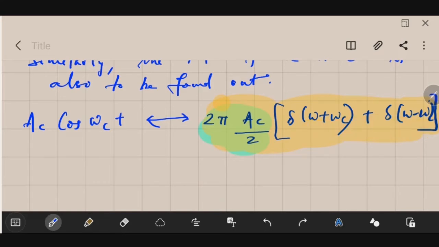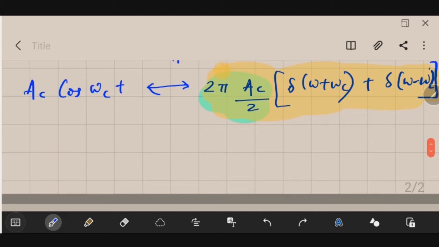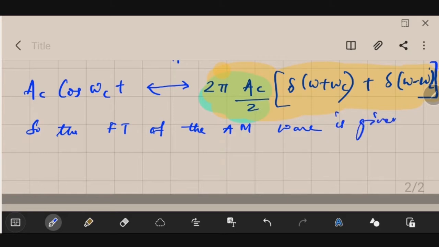So now what we could do is plot these signals. Let me write it combined and then we will plot it. The Fourier transform of the AM wave is given by S of omega. S of omega is the Fourier transform of small s of t. Always remember one thing: whenever we write the Fourier transform, when omega is inside the bracket, the letter on the left is capital S, and when t is inside the bracket, it is small s.